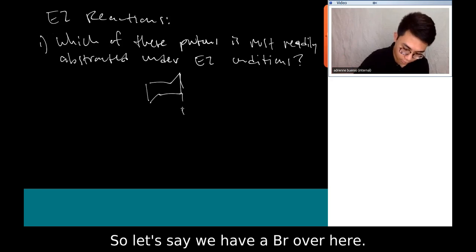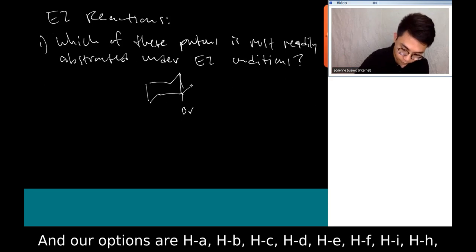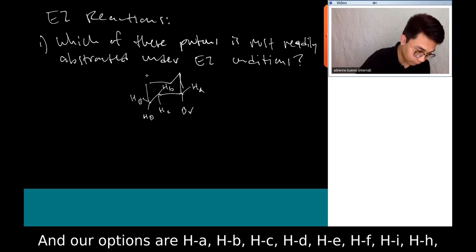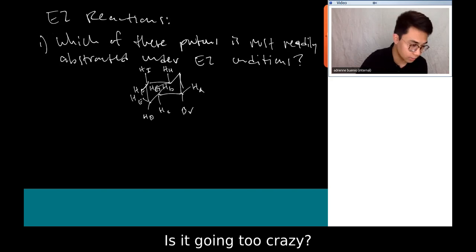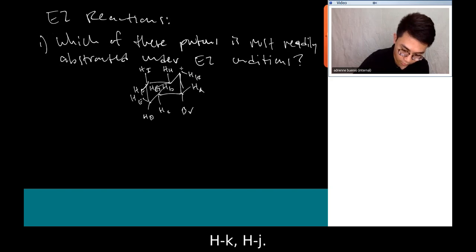So let's say we have a Br over here, right? And our options are HA, HB, HC, HD, HE, HF, HG, HH, HI, HJ, HK.